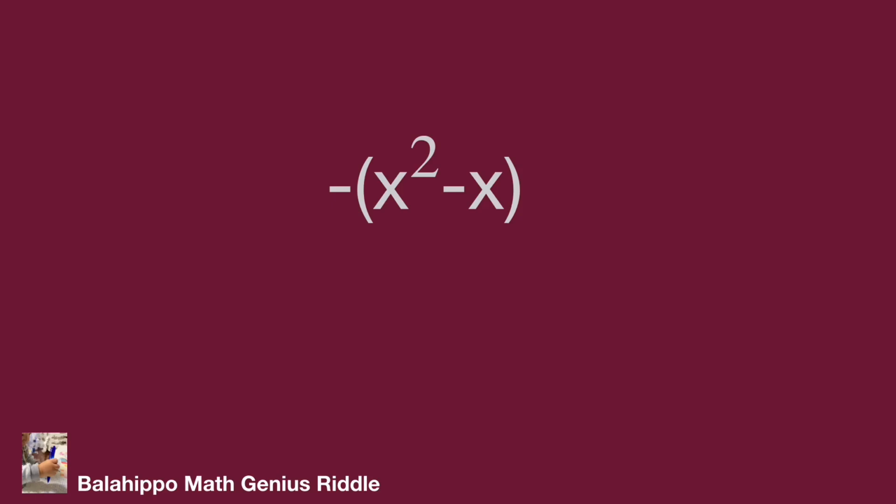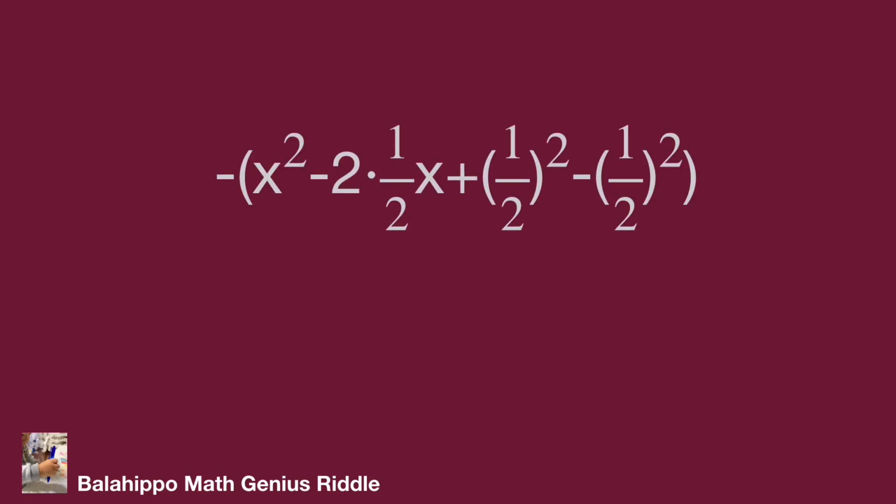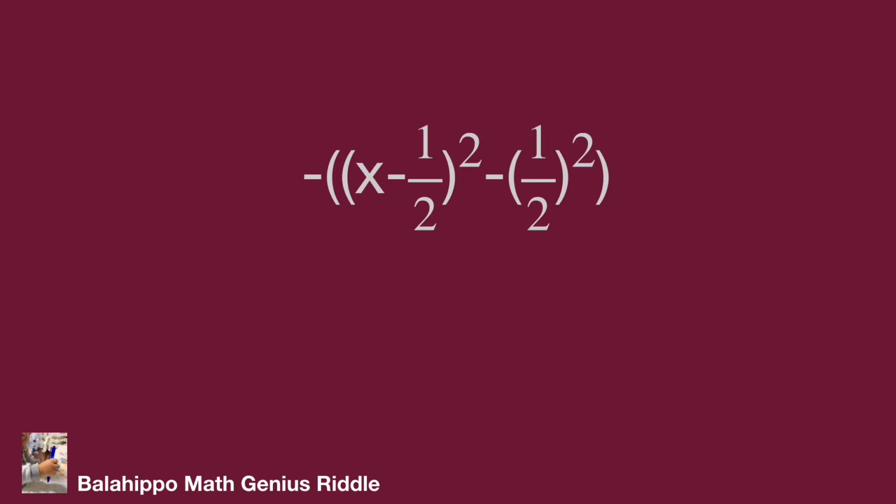So distribute these items as minus bracket x squared minus 2 times 1/2 x, then add 1/2 squared and minus 1/2 squared. It becomes minus bracket quantity x minus 1/2 squared minus 1/2 squared.